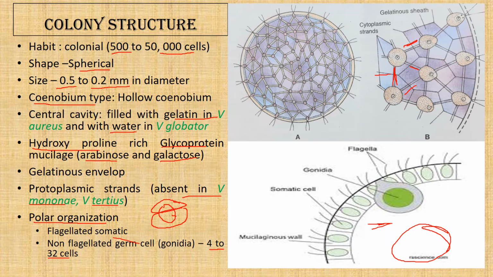Gonidia are cells that lose flagellation and turn spherical, and they start dividing to produce a new colony. So this is how the polar organization of the colony works.